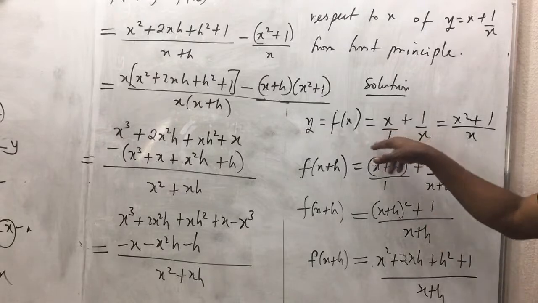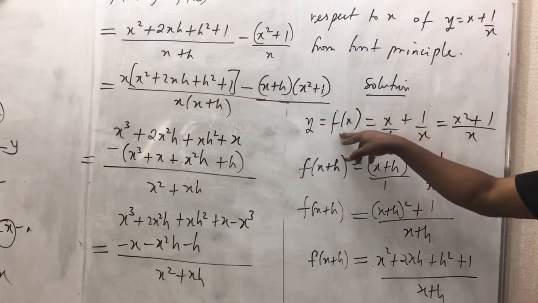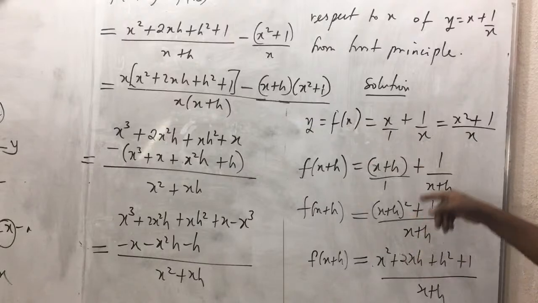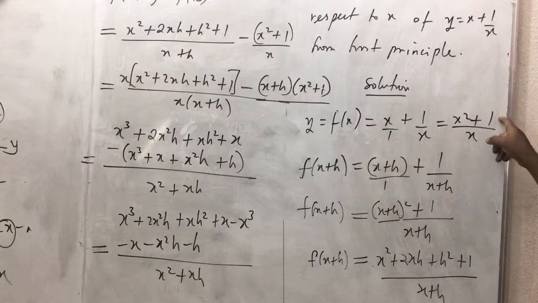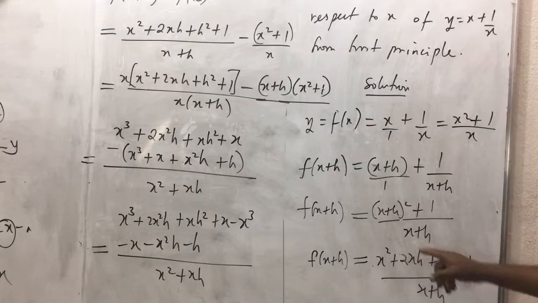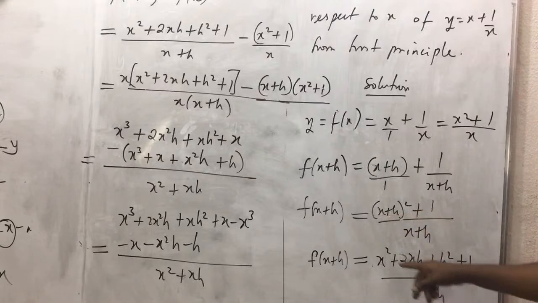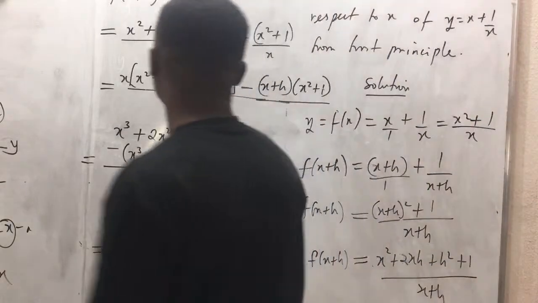So if f of x is defined as x squared plus 1 over x, where x is anything you have here, then f of x plus h would become x plus h all squared plus 1 over x plus h. Obviously, expanding x plus h all squared gave x squared plus 2xh plus h squared, then plus 1 all over x plus h. And that was our final expression for that.